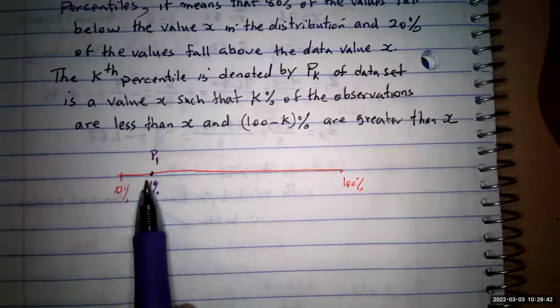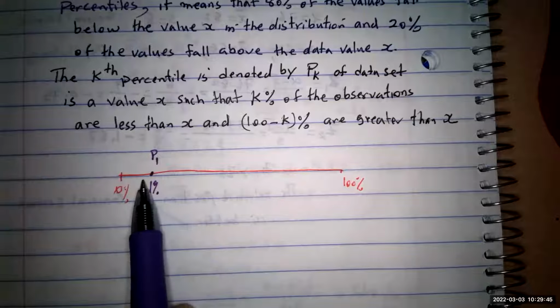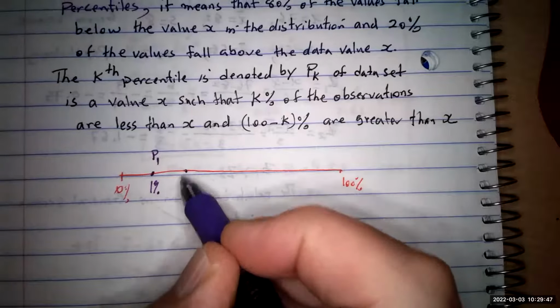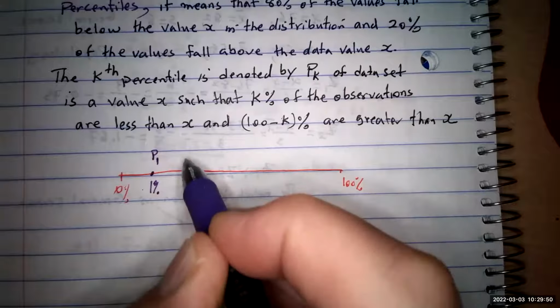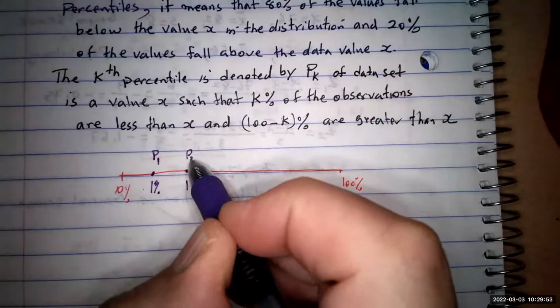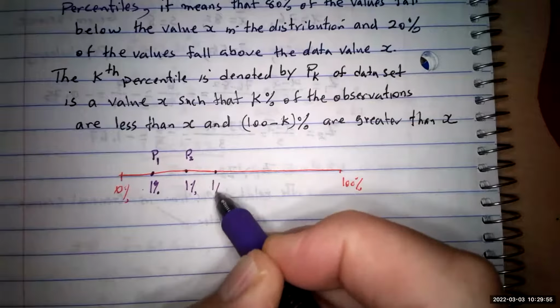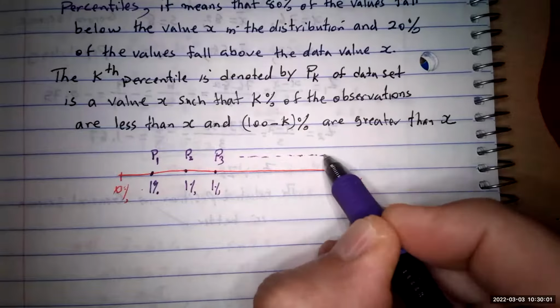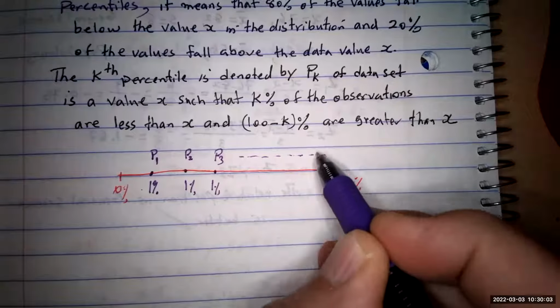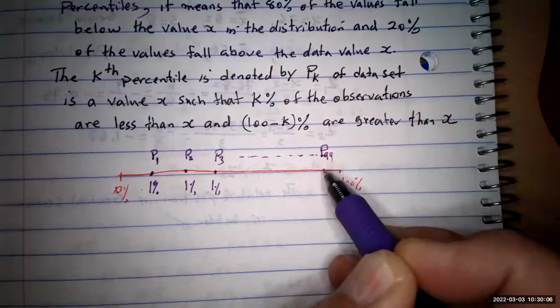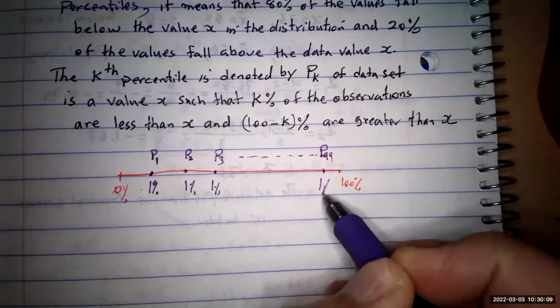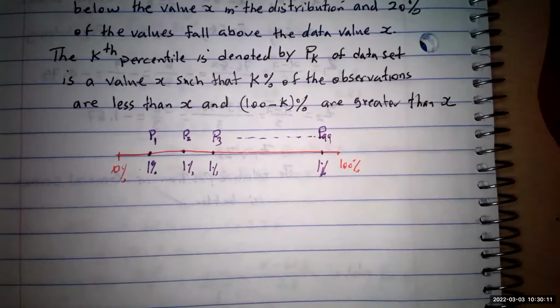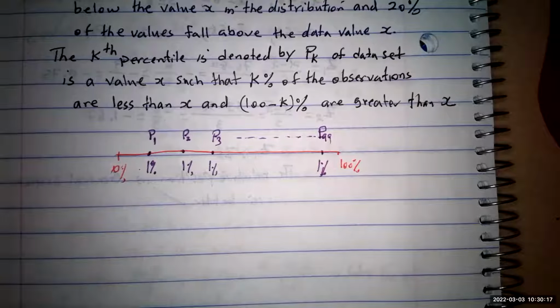P1 means it's only better than 1%. Then you have another 1% here. So 1% and 1% would be 2%, so this would be P2. Then you get the other one that gives you P3, and you can continue. The most that you can have is P99. Okay, so just divide them into the different bits. These are the values that we're going to have.